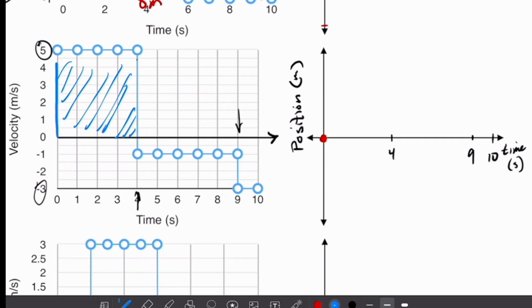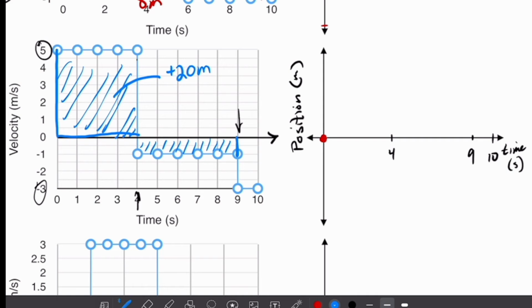So length 5 meters per second, width 4 seconds. This is positive 20 meters. We do this area too. I do all the areas together. I'm going to end that area right there for this section.